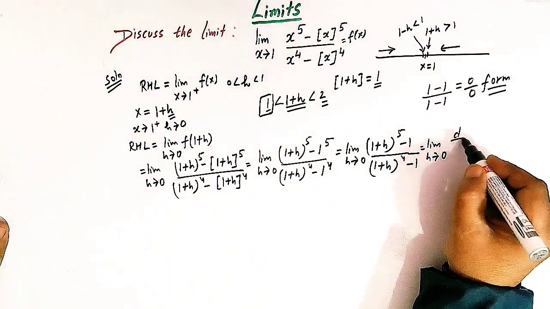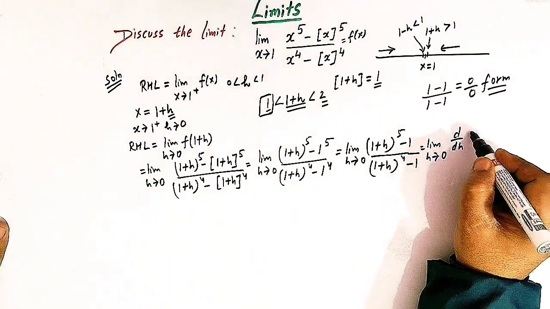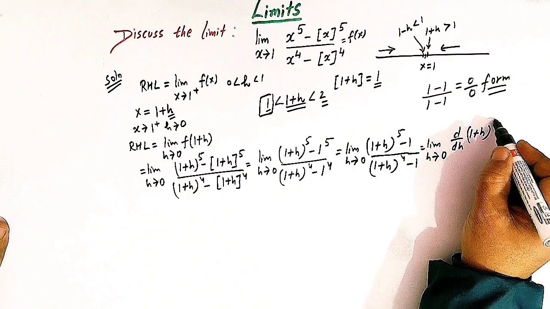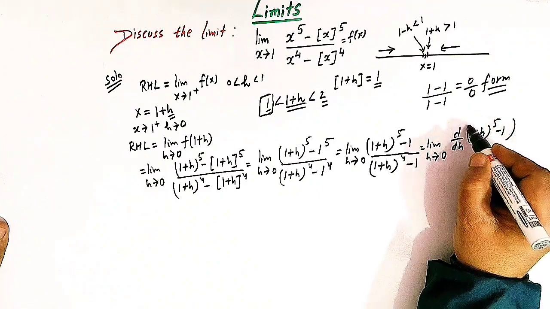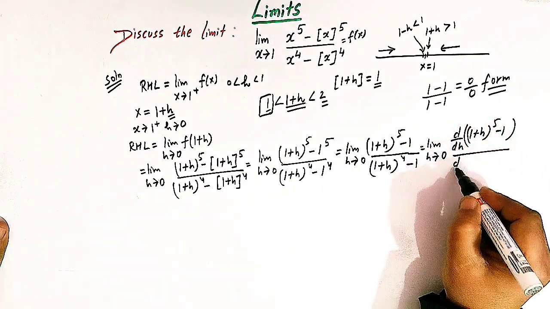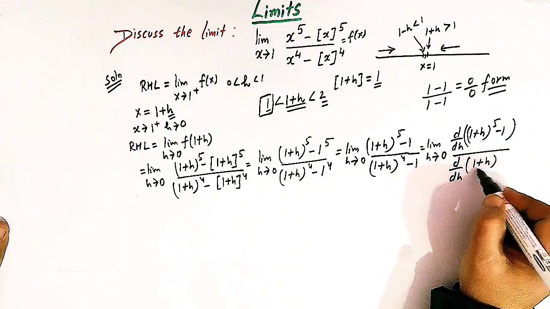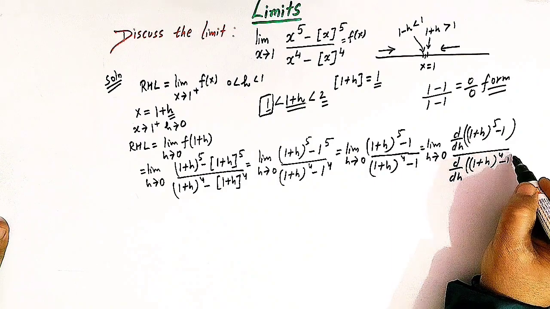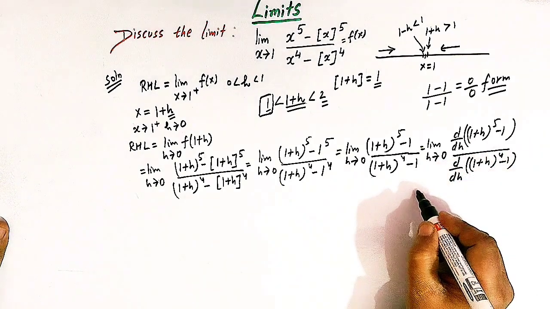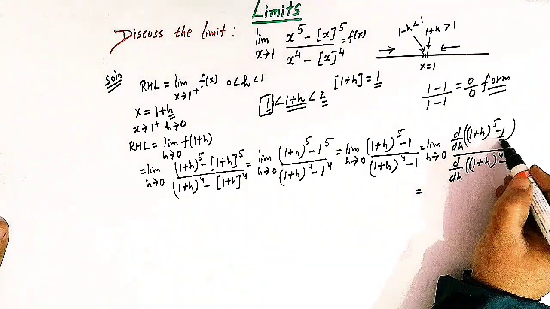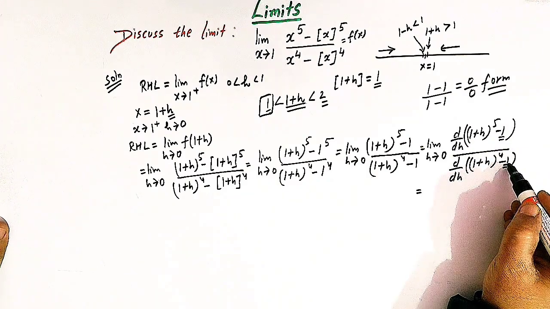So now we have the derivative of (1 plus h) raised to 5 minus 1 in the numerator, and the derivative of (1 plus h) raised to 4 minus 1 in the denominator. The derivative of 1 is 0, here also the derivative of 1 is 0.